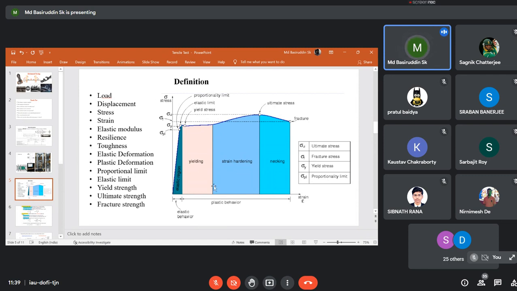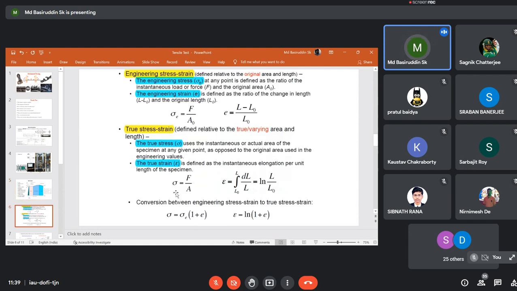Now here in this particular figure, first we come to the definitions of the stress and strain, and then we will talk about the details of the stress strain curve.